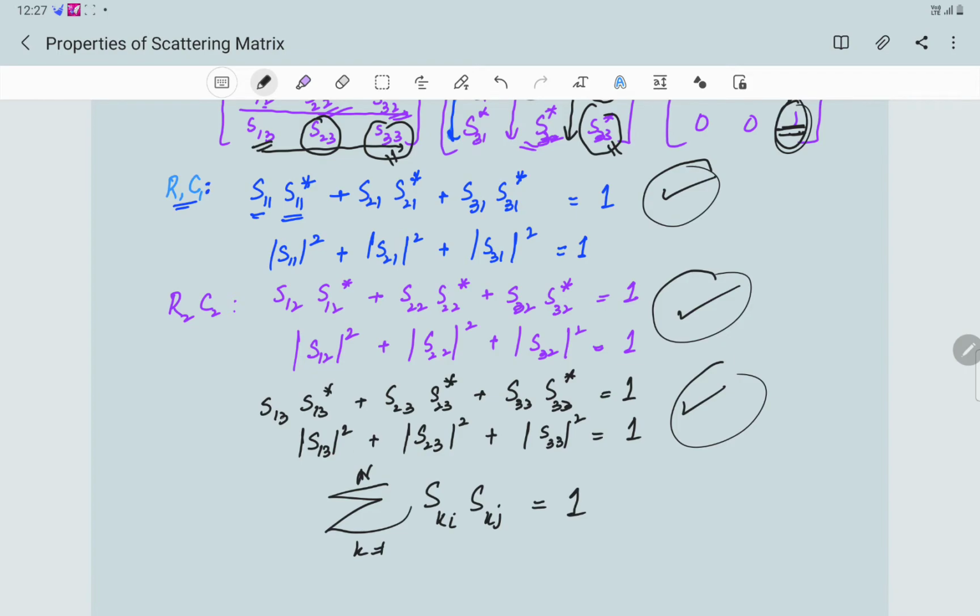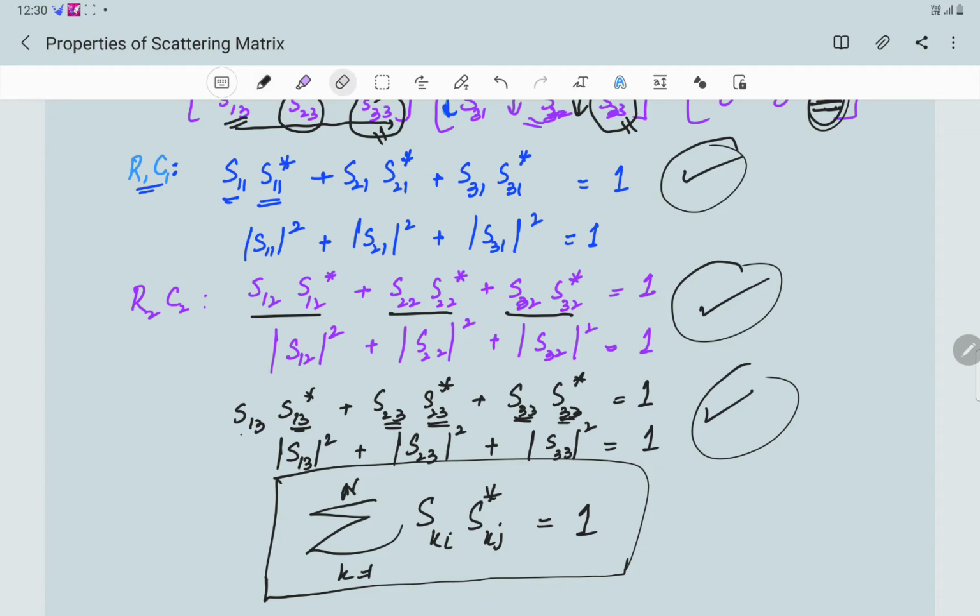So you see, 1 3 with its conjugate, 2 3 with its conjugate, 3 3 with its conjugate is nothing but 1. Likewise, 1 2 conjugate, 2 2 conjugate, 3 2 conjugate is equal to 1. So this is how we can represent it.